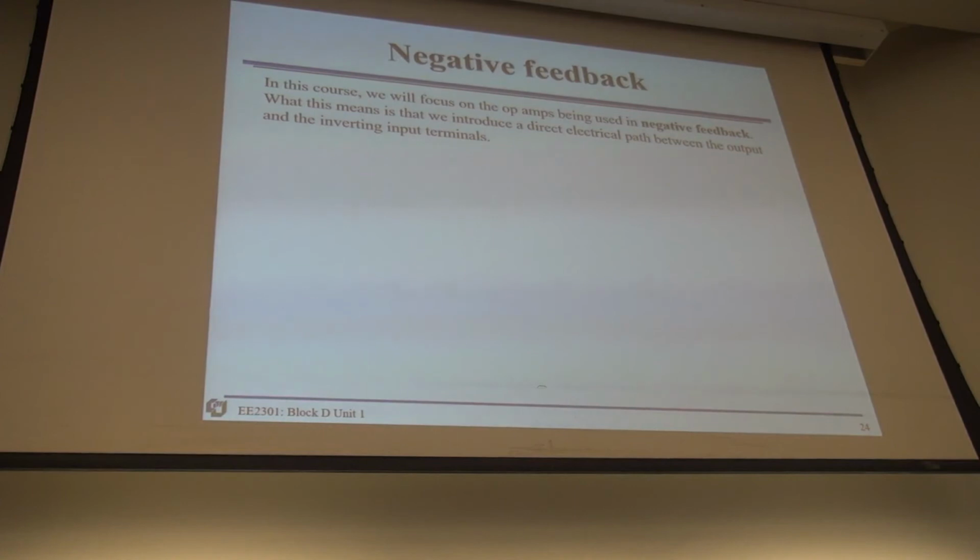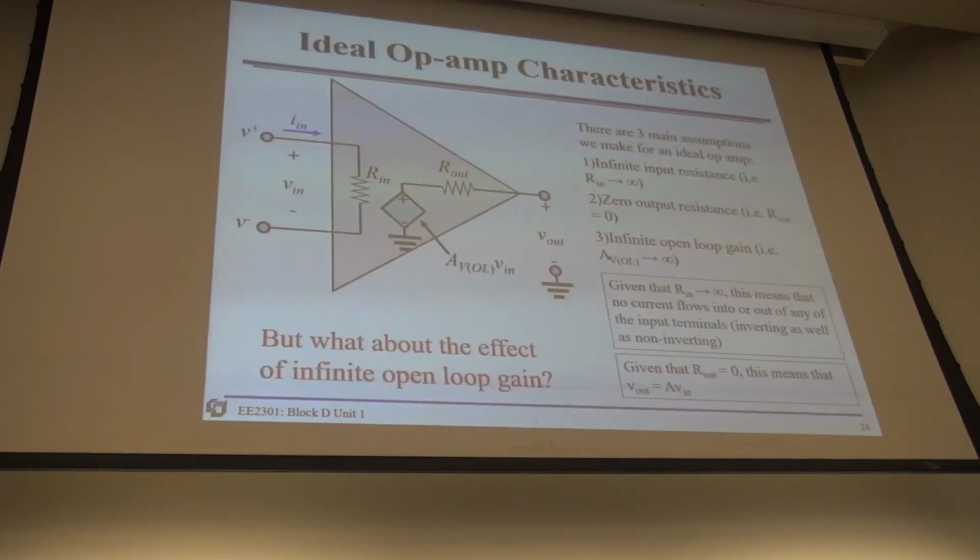If we have a little bit of non-zero V in here, this one will saturate. So an amplifier put in this way is almost useless, and you don't want it. It has no practical use at all.